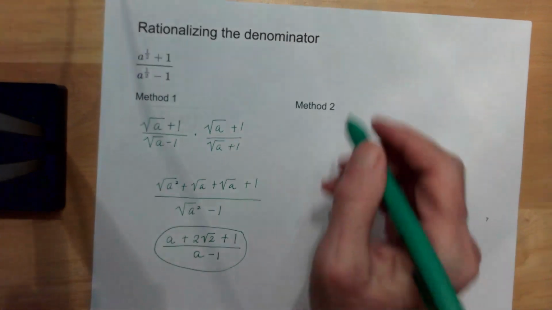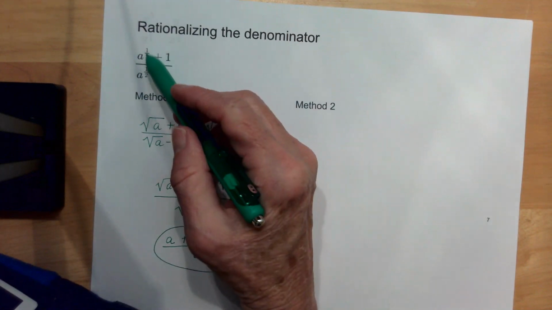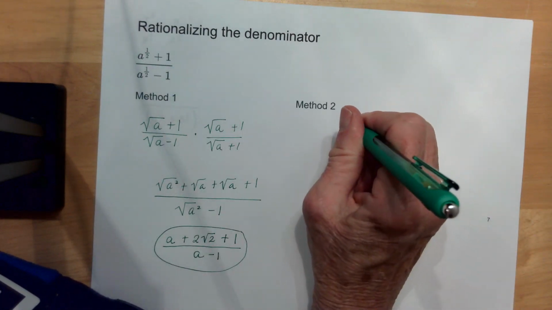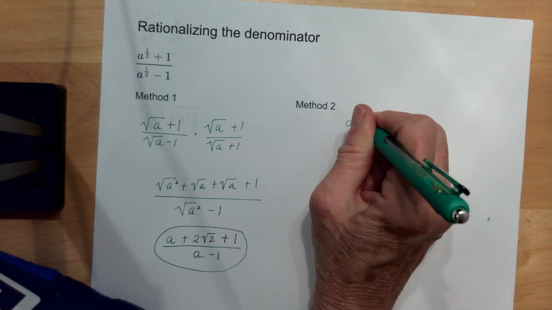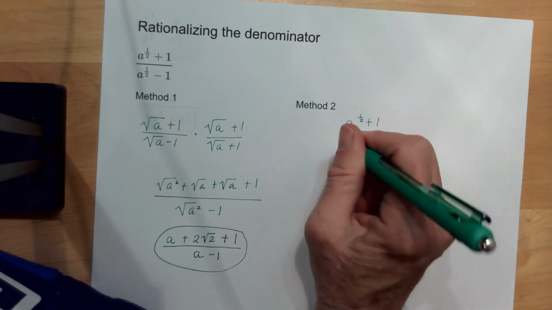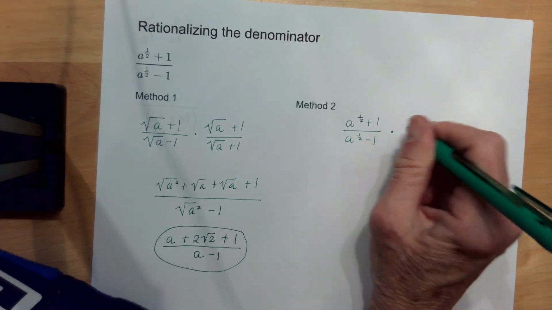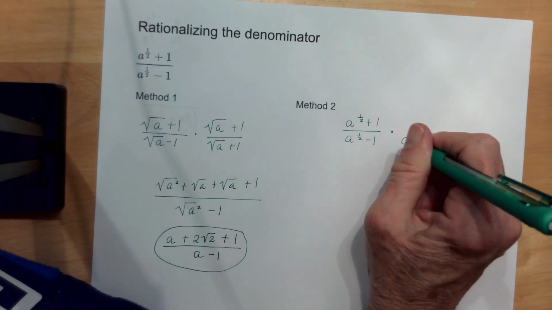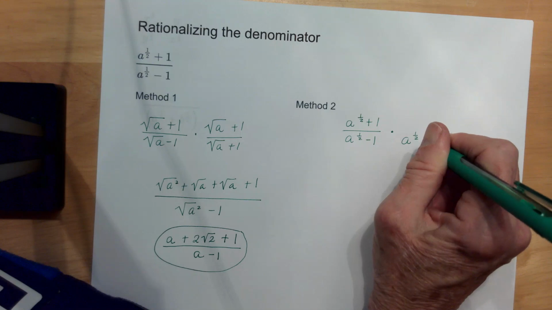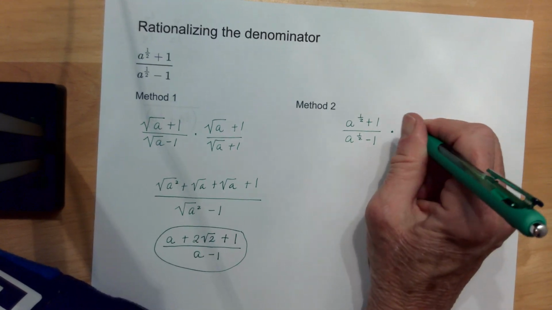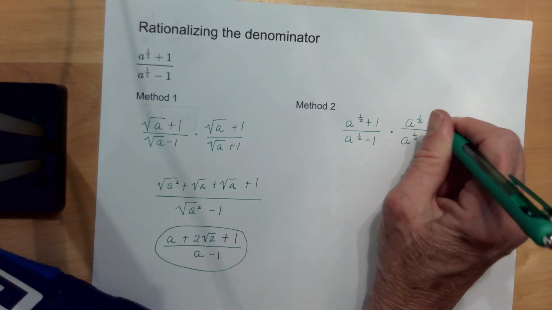The second method is you leave them with fraction exponents. So I have a to the 1/2 power plus 1 and a to the 1/2 power minus 1. I multiply it by the conjugate of the bottom, so a to the 1/2 plus 1. So on the top I have a to the 1/2 plus 1.